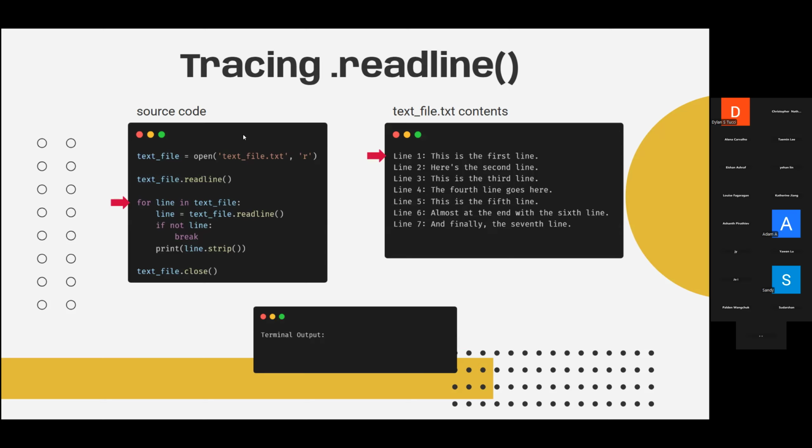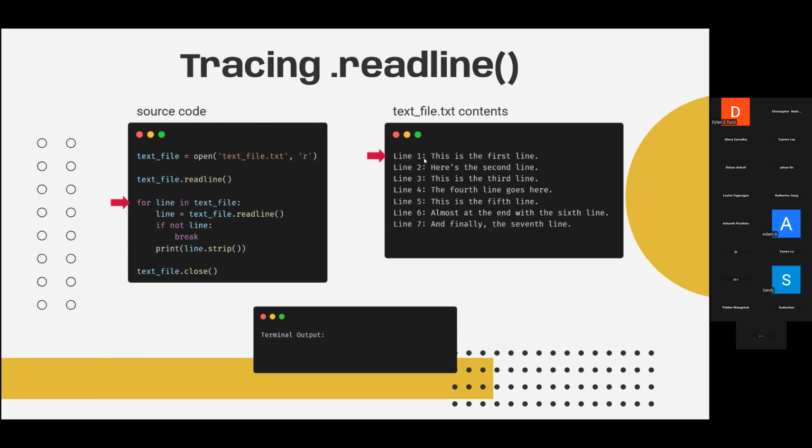So essentially, the reason we're skipping the second, the fourth, and the sixth line here is because when we run this for loop, for line in text file, this line right here will store the first line that it reads. Since we did text file dot read line, this will already have read the first line.